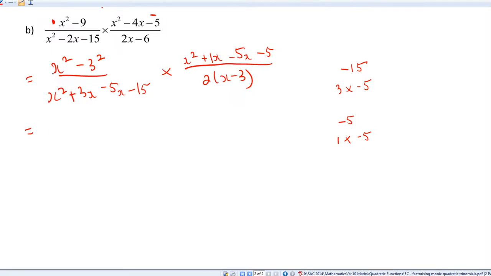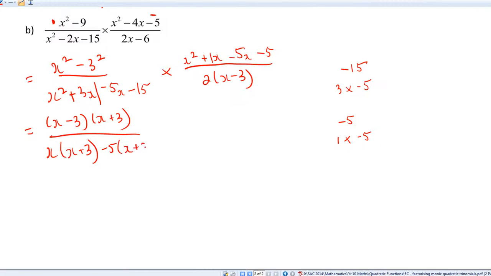Okay, so we've got this one here, the difference of perfect squares rule, DOPS, so I've got x take 3, x plus 3, all over, split x plus 3, take 5, x plus 3. That's all being multiplied by x, so I'm splitting that, x plus 1, take 5, x plus 1, all over 2, x take 3.